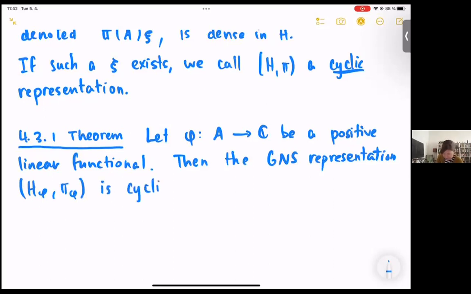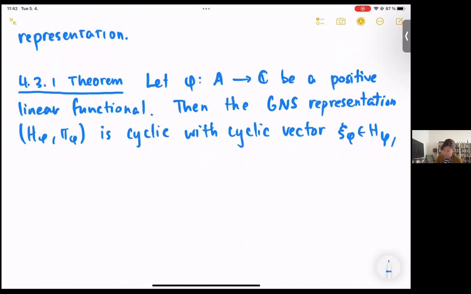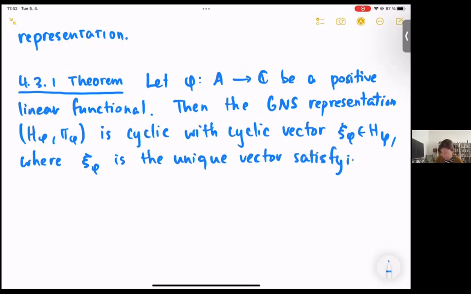And its cyclic vector will satisfy the following. It will be the unique vector satisfying: pi phi of a, applied to our cyclic vector, and then taking the inner product with the cyclic vector, gives us phi applied to a.